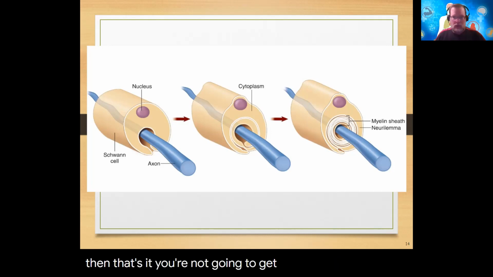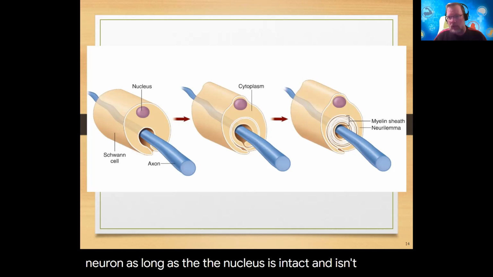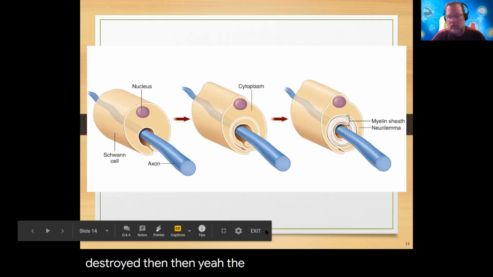You're not going to get mitosis. Neurons do not divide or go through mitosis. However, if you damage an axon or dendrites of a nerve, or even damage a cell body of a neuron, as long as the nucleus is intact and isn't destroyed, then the nerve is fine.